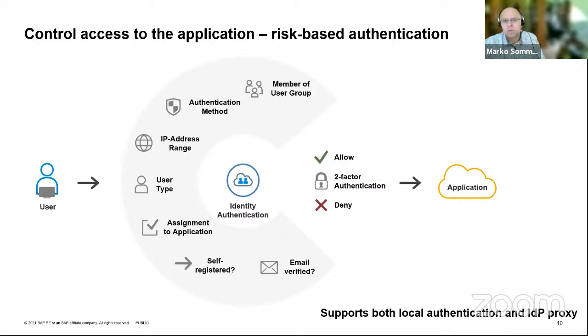The second very important aspect and really fundamental functionality that identity authentication offers is how to enforce multi-factor authentication, because this is not a one-size-fits-all activity where all users, when accessing a certain application, have to provide a second factor. It turned out that our customers have various needs to enforce that. A typical example that I like to give is when users access an HR solution like SuccessFactors, then it might be a valid use case that a manager who has much more authorizations in the system has to provide a second factor, whereas a usual employee would be fine with a first factor only.